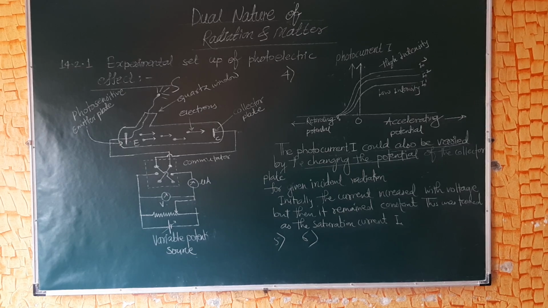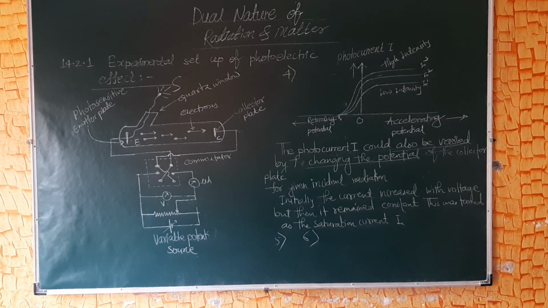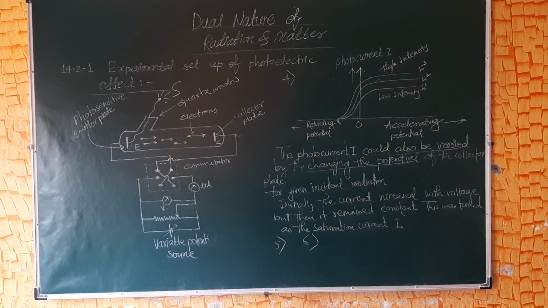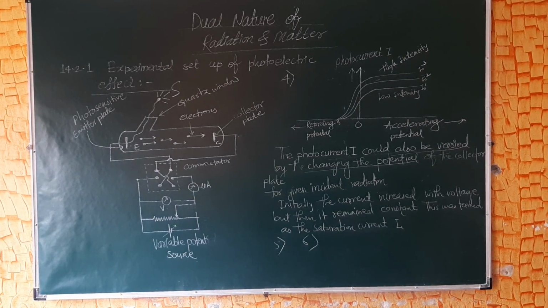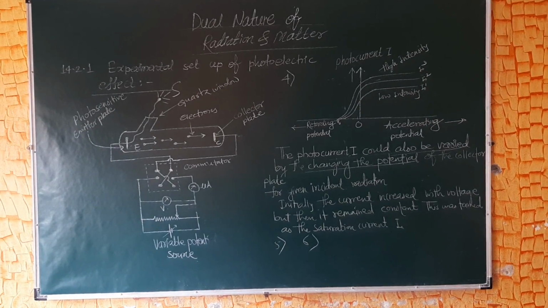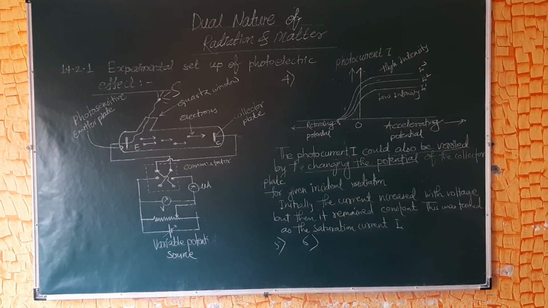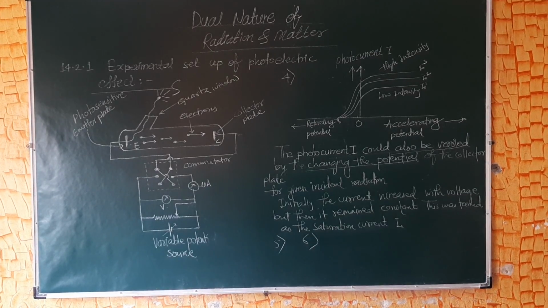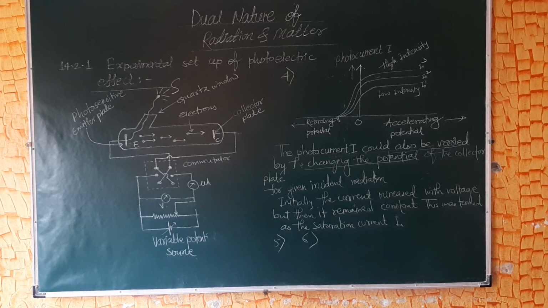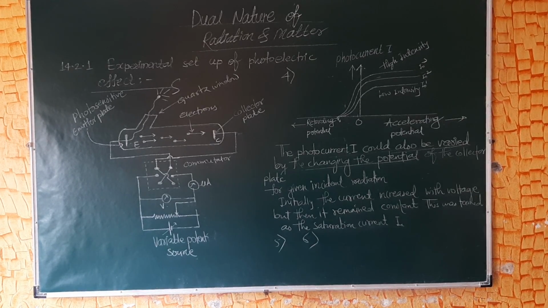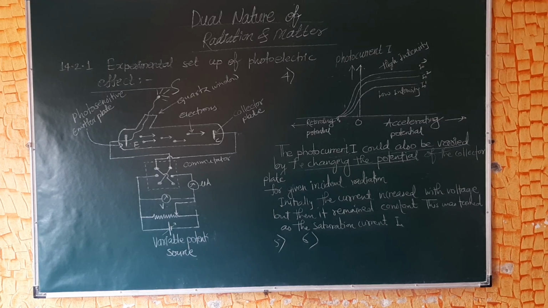So the sixth observation is that the maximum kinetic energy and the maximum velocity of the electrons depended on the potential V for a given metal used for the emitter plate and for a given frequency of incident radiations. If the material is changed or the frequency of incident radiation is changed, then kinetic energy changed.